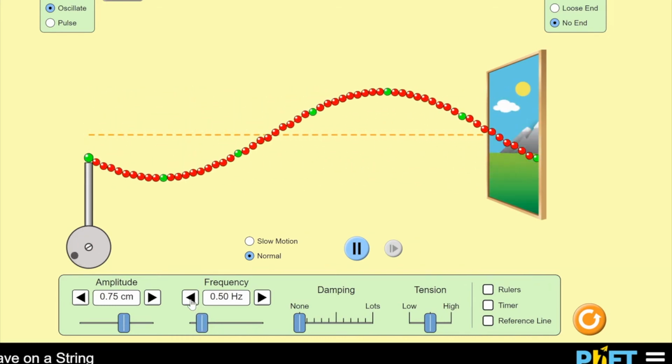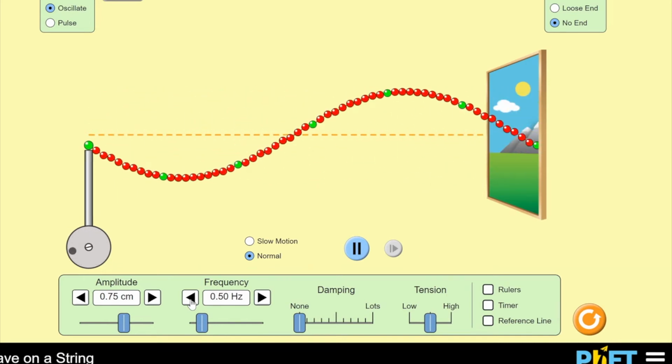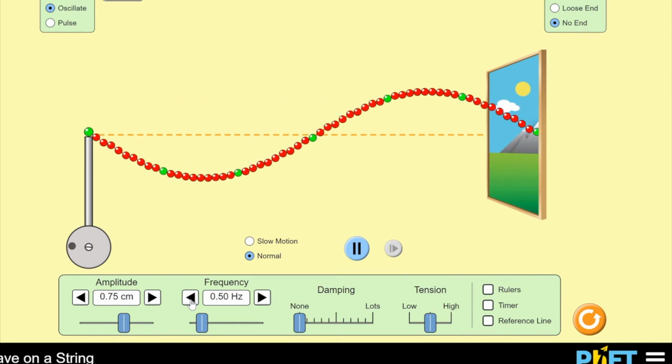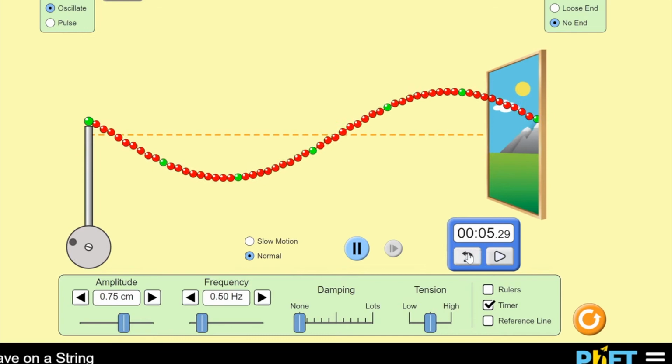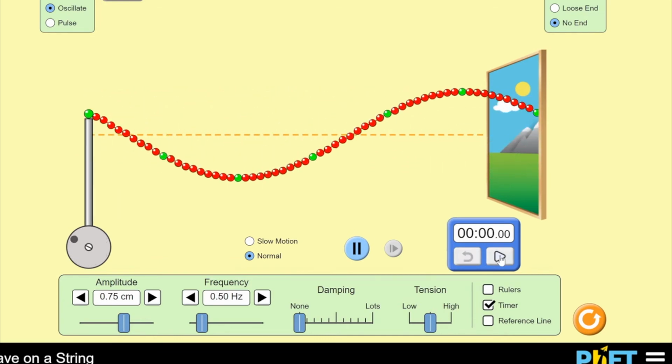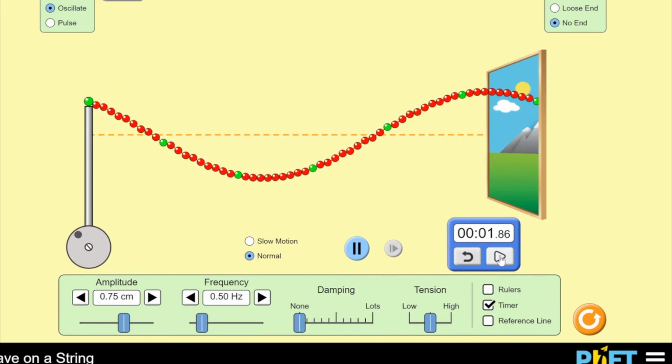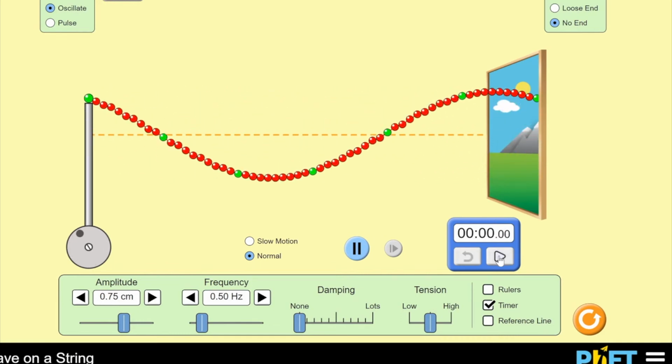How many waves would be produced every second? Just have to think about that. Well, what you should find is that you get half a wave a second, and we can just show that using this timer. Just count it out. So when that green dot gets to the top, I'll press play. Okay. Let's do that again, and we'll count together.